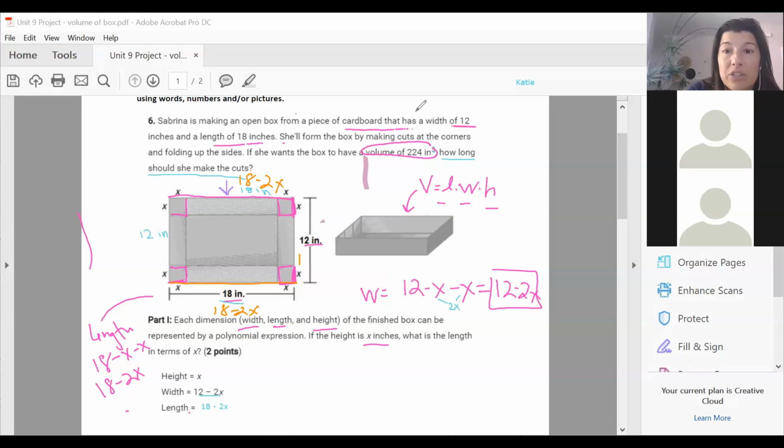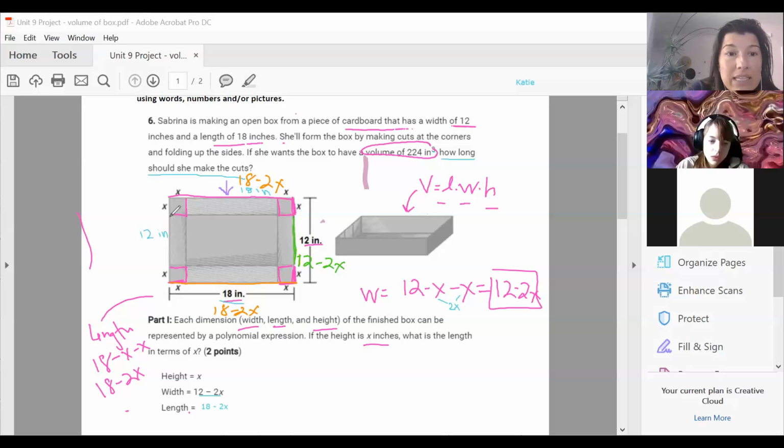Good. And so this right side length is 12. I'm going to change the color just so we're consistent. We can match. 12 minus 2x is that length right here. That means this length right here is also 12 minus 2x. So that length that we drew in with green there represents this length. It's the length of the box.